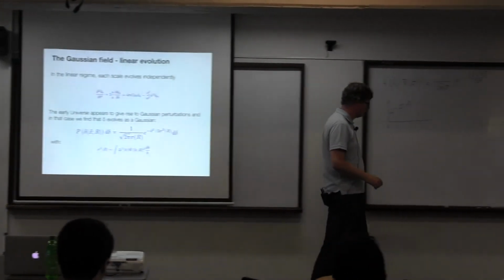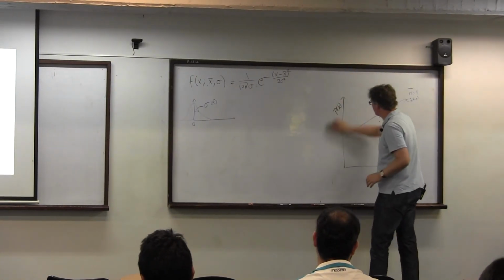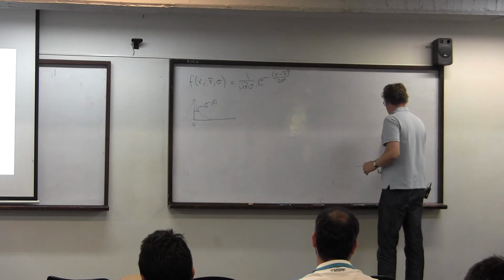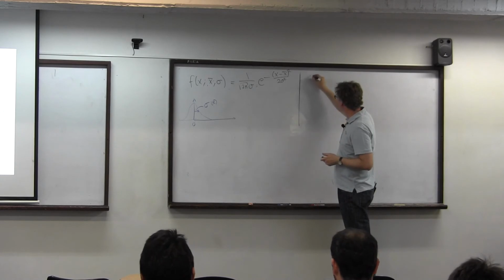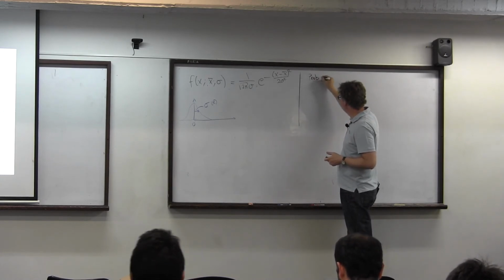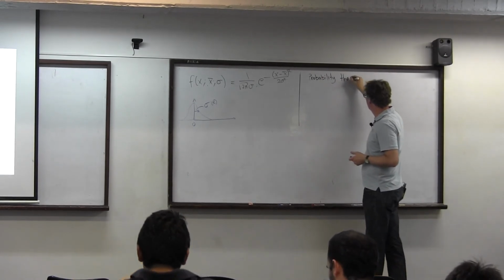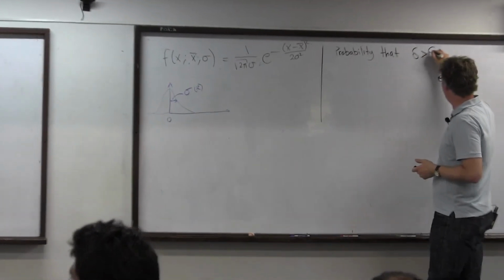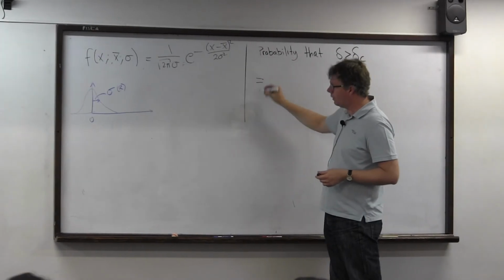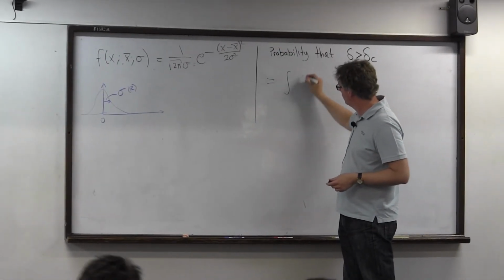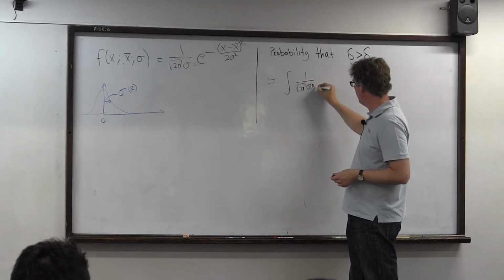But in practice, if I write it out explicitly, the probability that delta is greater than delta c, some value, is equal to the integral of 1 over square root 2 pi sigma of r.